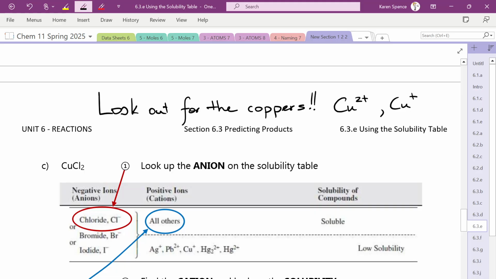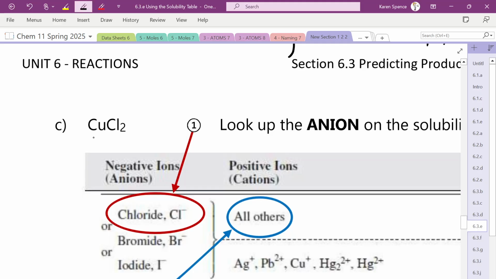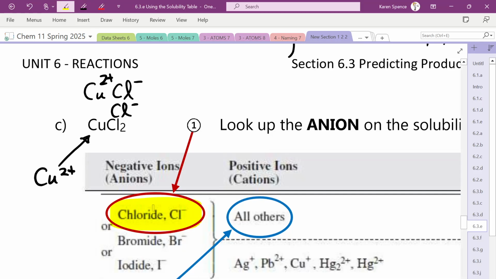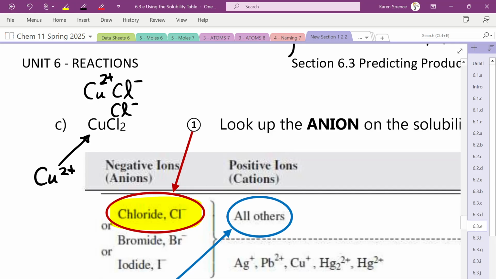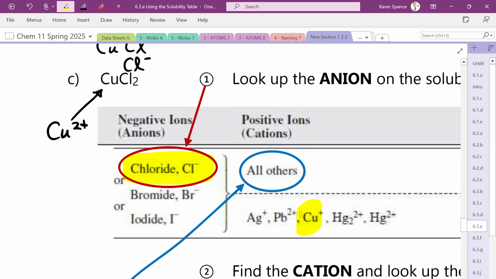And if I give you a compound that involves copper, you have to decide, is this copper 2+ or is it copper 1+? Well, we got copper here, we've got chloride and chloride. Each chloride is -1, and that means that copper is 2+. So this is Cu2+. So when we say copper chloride, we look up our anion, the chloride, and then we're like, oh, look, here's a Cu.